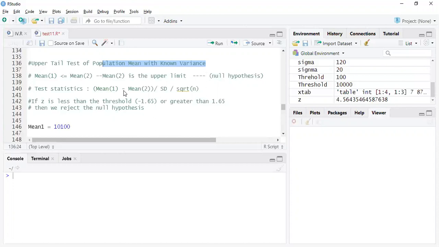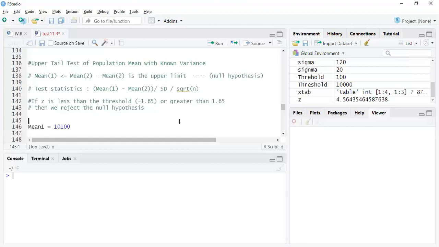So we will use the upper tail test to compare two means, to check if the mean of one sample is less than the threshold. The threshold is coming from another sample, and we know the standard deviation of the first sample, and we also know the number of observations in that sample. We would like to do this hypothesis test with a 95% confidence level.